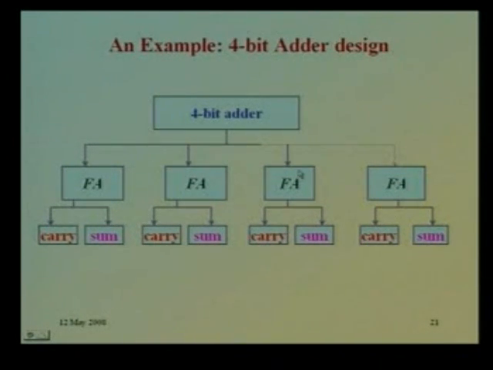Now the sum can be designed using some logic, and carry can also be designed using logic. Sum is A XOR B XOR C, and carry is AB plus C times (A plus B). So these are the logics. You have to design your sum and carry, integrate the full adder, and go to the 4-bit adder.